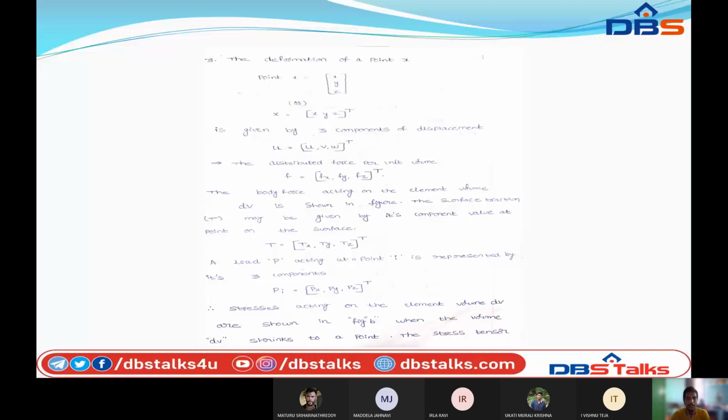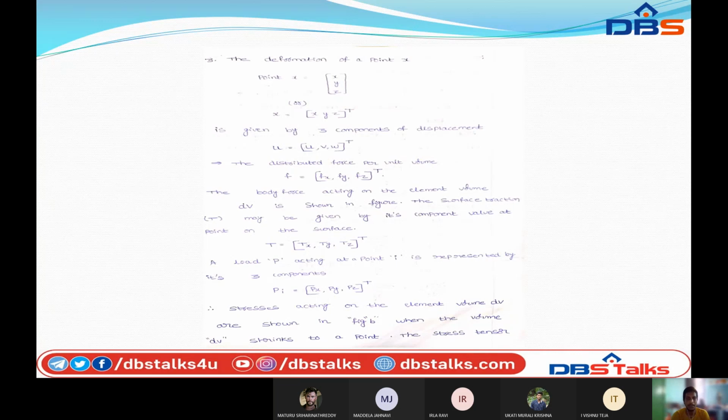I have already told you that for every body, forces act, like body forces, tractional forces, and surface forces. First of all, I am taking the deformation and then the displacement.